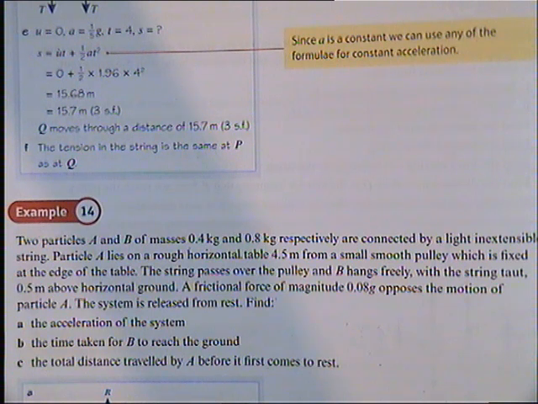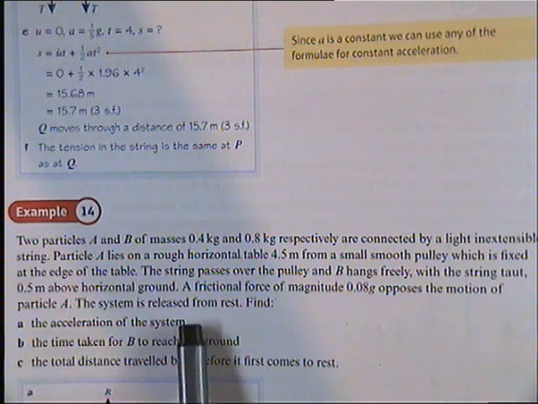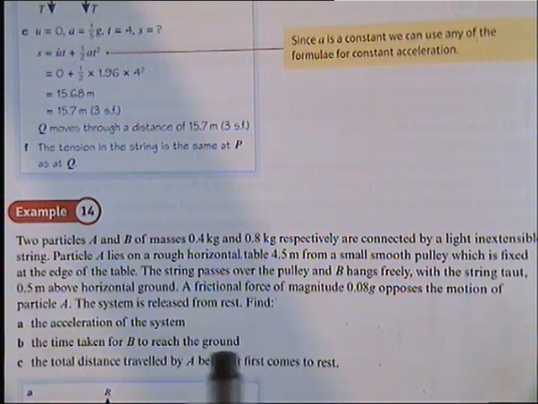The string passes over the pulley and B hangs freely with B 0.5 meter above horizontal ground. A frictional force of magnitude 0.08g Newton opposes the motion of particle A. The system is released from rest. Find (a) the acceleration of the system.